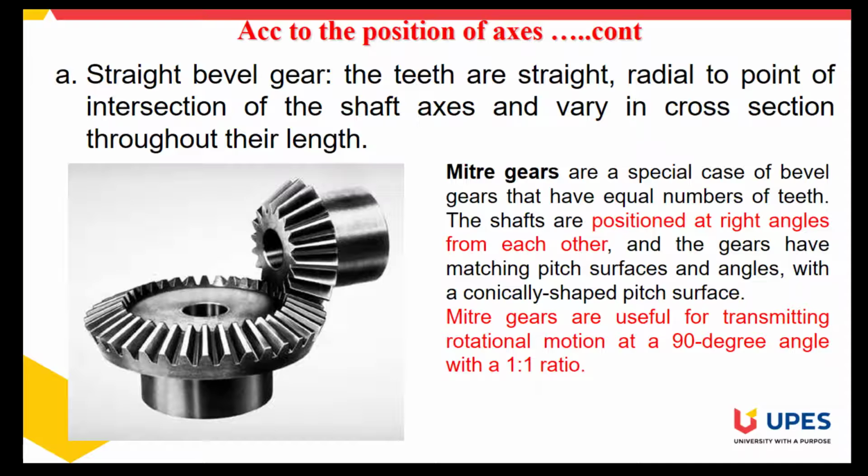Therefore it is written that the shafts are positioned at right angles to each other and the gears have matching pitch surfaces and angles with a conical shaped surface, right? In the case of miter gears, the velocity ratio is 1:1 because both are of the same size. Because of the same size, the RPM is the same.